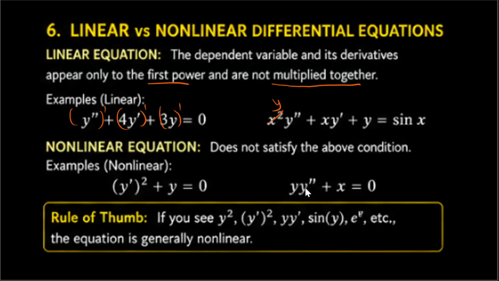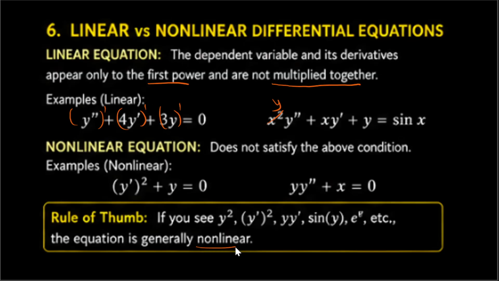For this one also, you have here the dependent variable, and this is the derivative of your dependent variable. They are multiplied together. Therefore, this is a nonlinear differential equation. Okay, so rule of thumb: if you see y squared, y prime to the power of 2, y times y prime, sine y, or e to the y, etc., the equation is generally nonlinear.